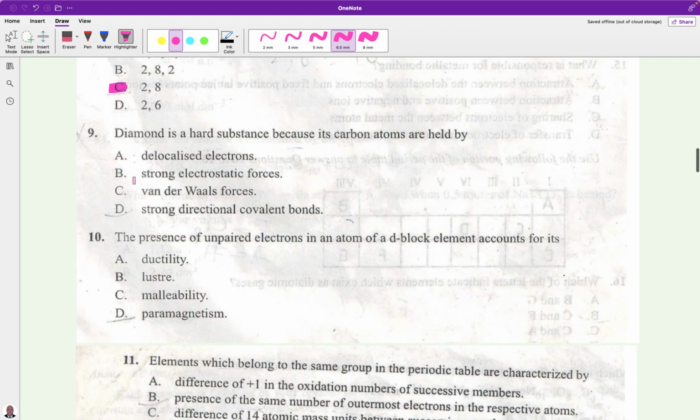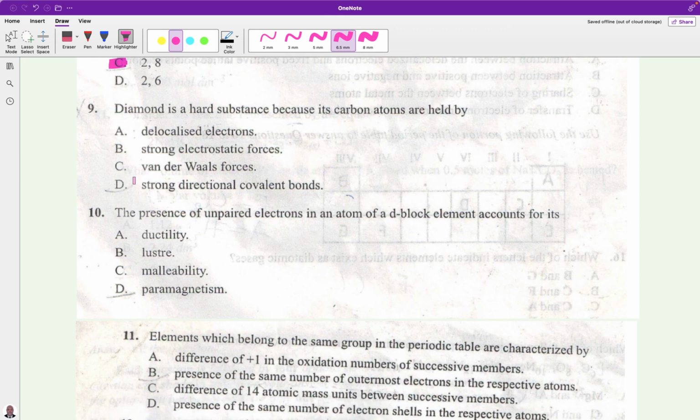Okay, let's go to question number 9. Diamond is a hard substance because its carbon atoms are held by what? Held by localized electrons? No. Strong electrostatic forces?